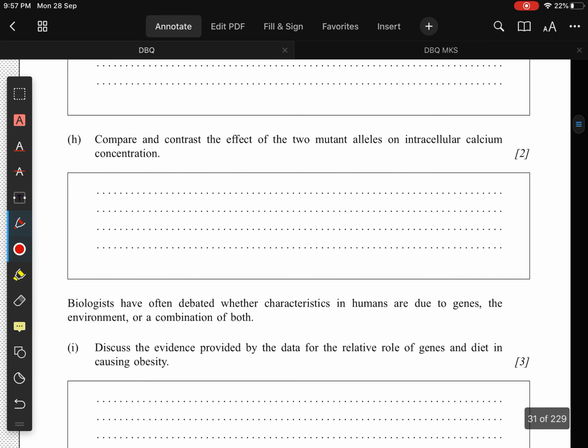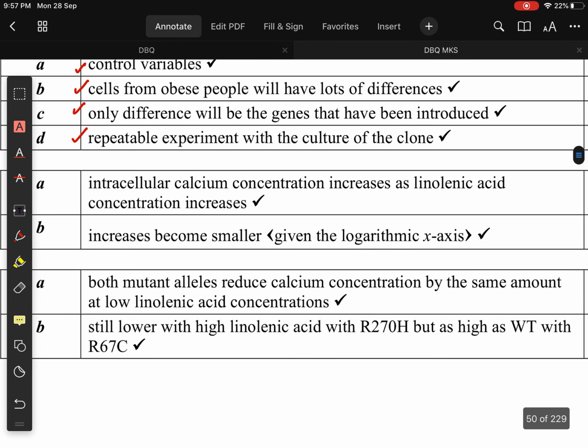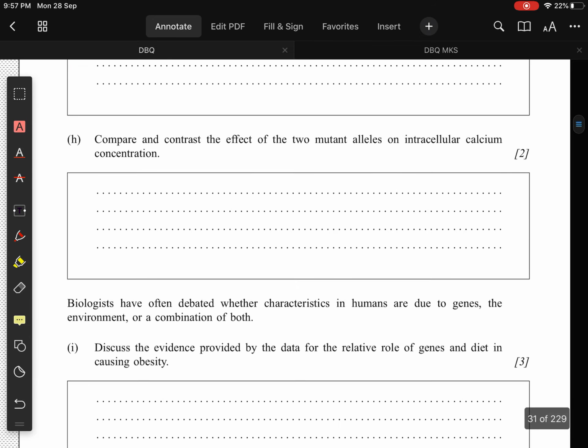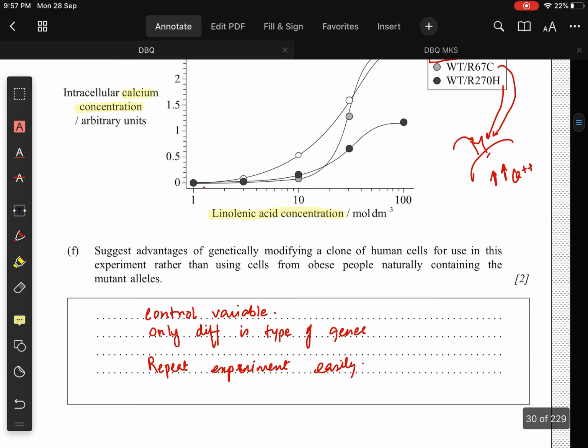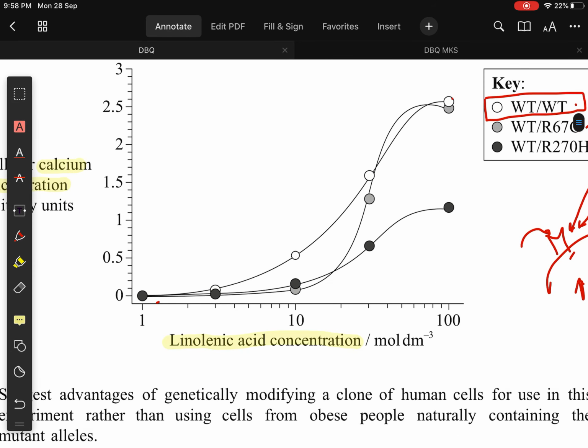And then compare and contrast the two mutant alleles. I explained this already in the graph. Let's look at the mark scheme. Both alleles reduce calcium concentration by the same amount at low concentration. So when they are both present, they reduce it; it's less than the normal one.